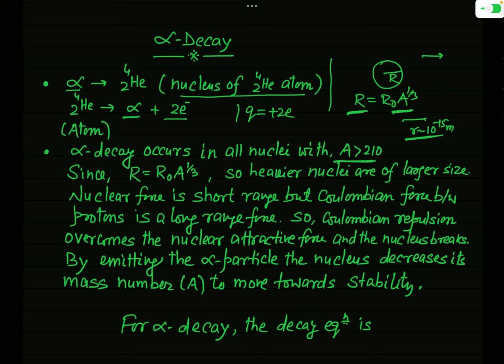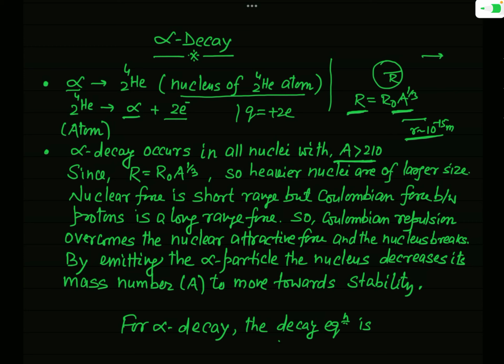That's why a heavier nucleus suffers alpha decay for decreasing its mass number and getting stability. I think you have understood what type of nucleus will suffer alpha decay and why. I hope all these things are clear to you. So let us proceed now.